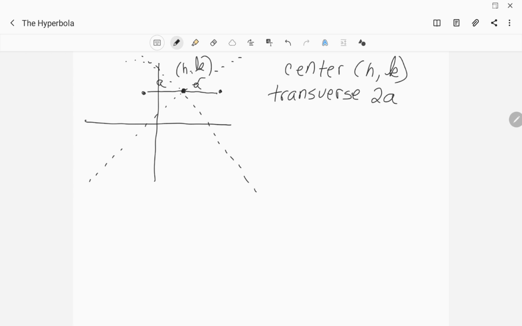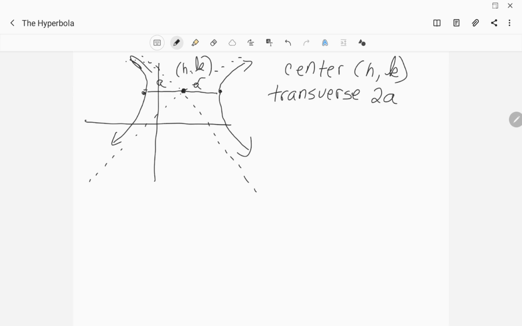I shouldn't have. It is those asymptotes that tell you how wide or narrow to make the two what look like parabolas on either side. So this would come out, but it can't cross the asymptote. This would come out, but it can't cross the asymptote. Same thing on the other side. They would come out, but they wouldn't be able to cross the asymptote.